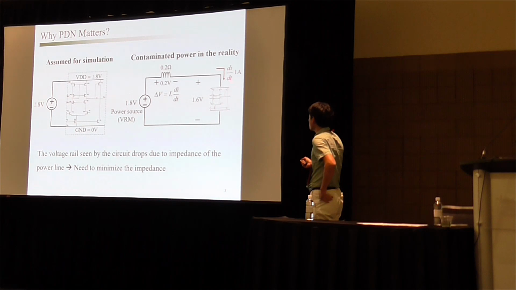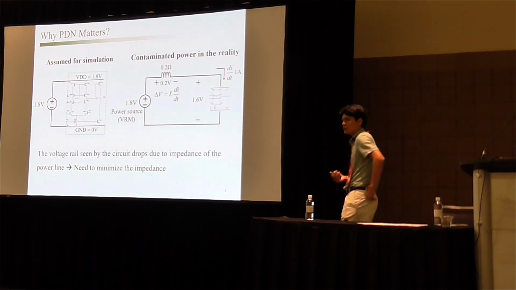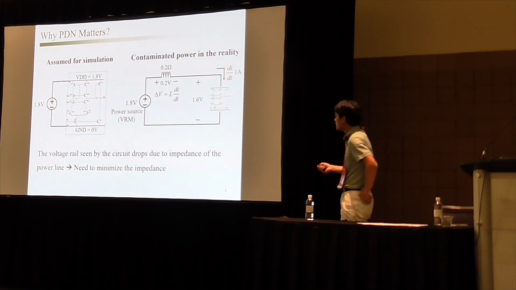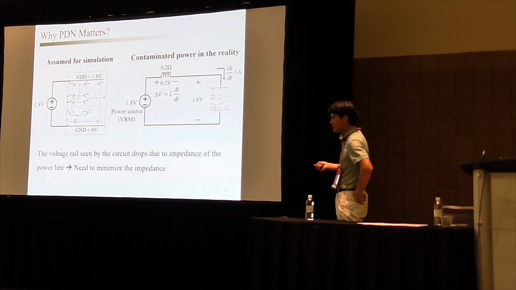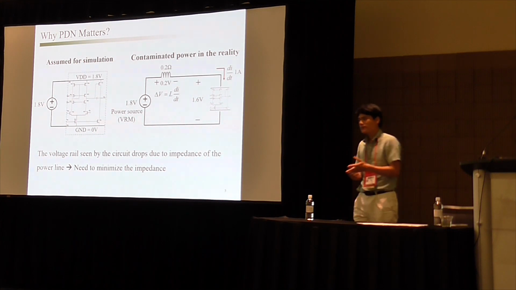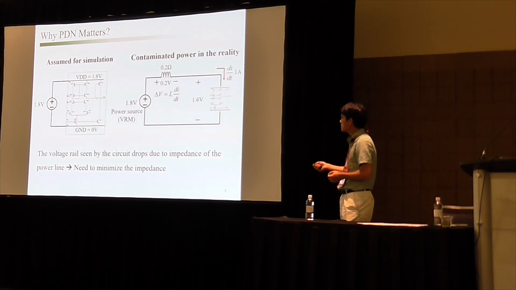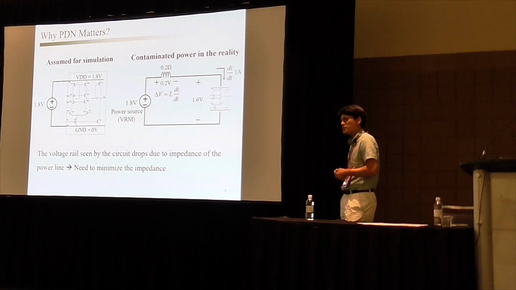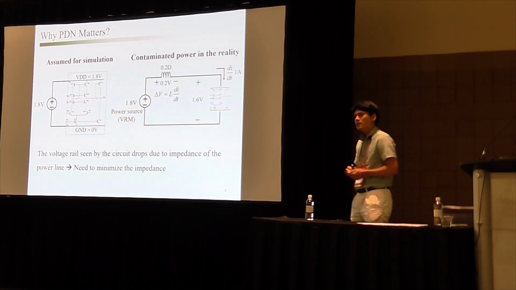But when your circuit draws 1 ampere, the voltage drop across this impedance is just 0.2 volt, right? And then the voltage your circuit sees is actually 1.6 volt, which is quite different from the actual power supply voltage you assumed, right?